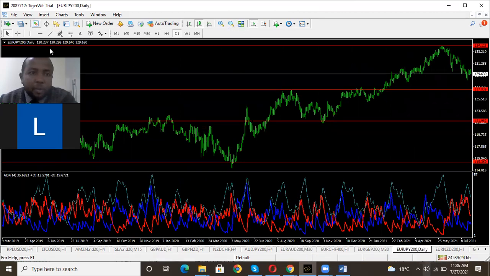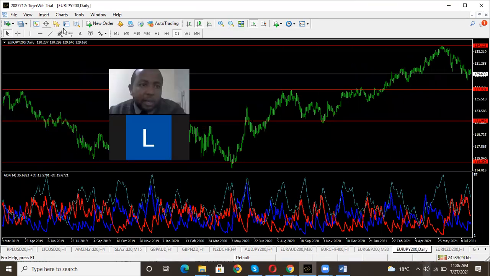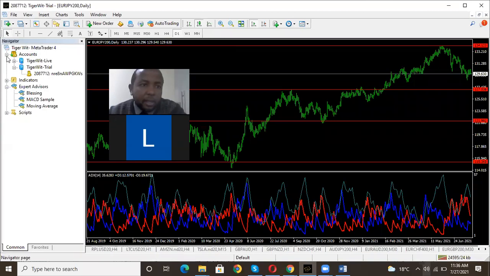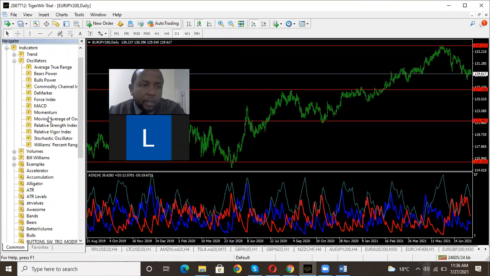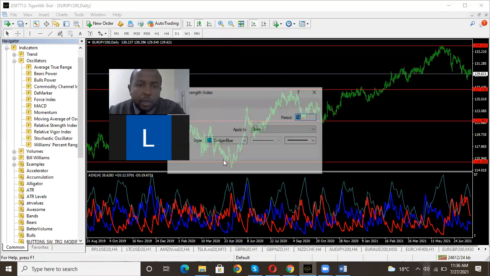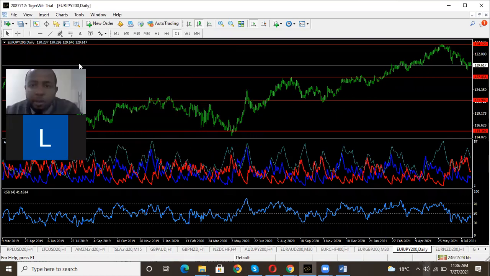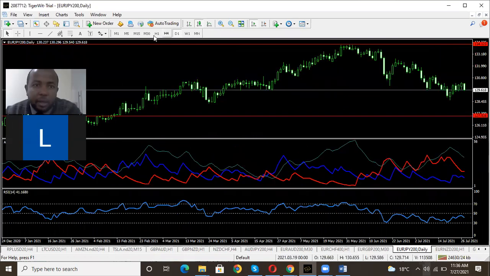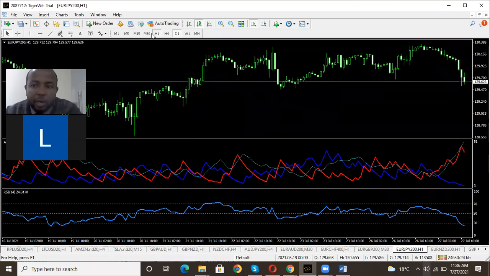Then I'm going to add RSI. So there we are. So this is the only pair I'll be looking at, Euro Yen, but I'm looking at it on a shorter time frame.